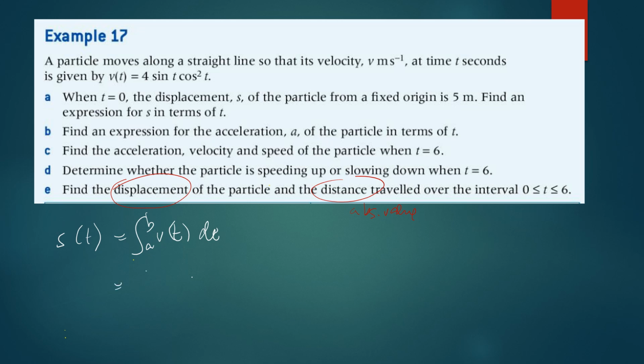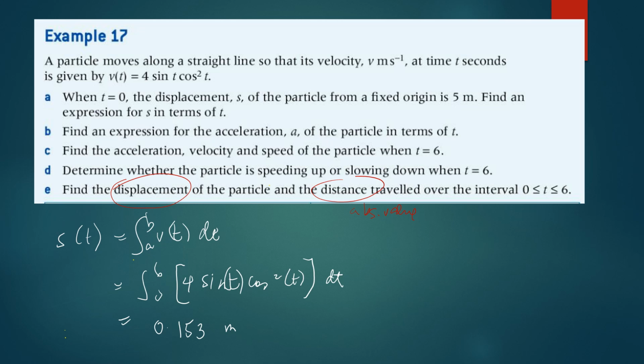So we're looking for the integral from 0 to 6 of 4 sin t cos squared t dt. Okay, you just get your calculator and find that the answer is 0.153 meters because we're talking about displacement.